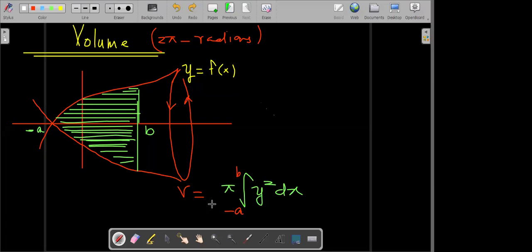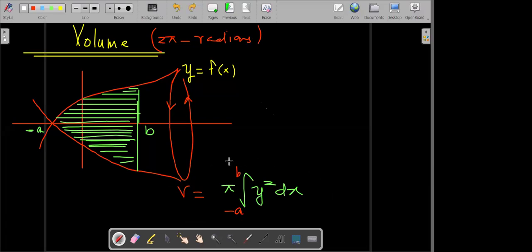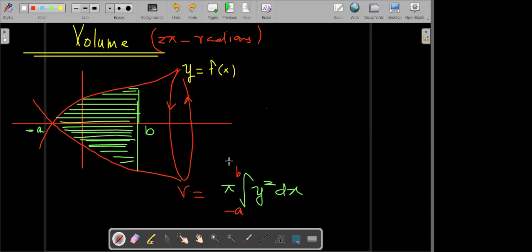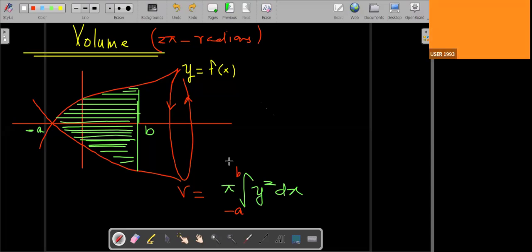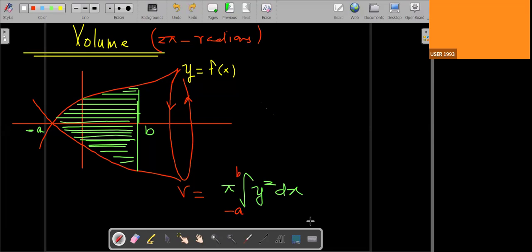Regardless of the number of times you rotate after 2 pi, there's no use because the volume is already generated. So the answer will still be this one, because it's going to overlap with the original shape again. It's going to overlap with the previously generated volume. So it will be the same answer.